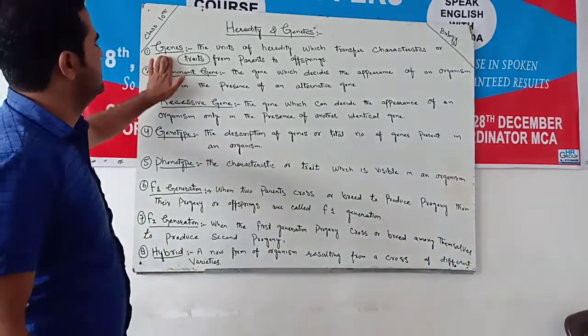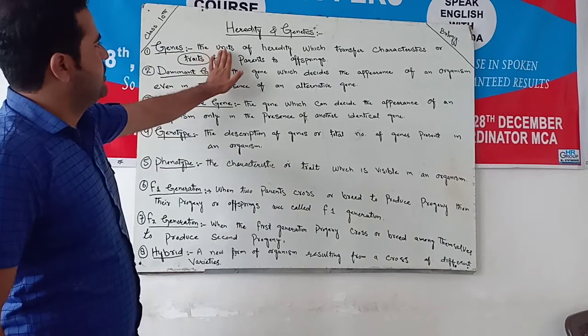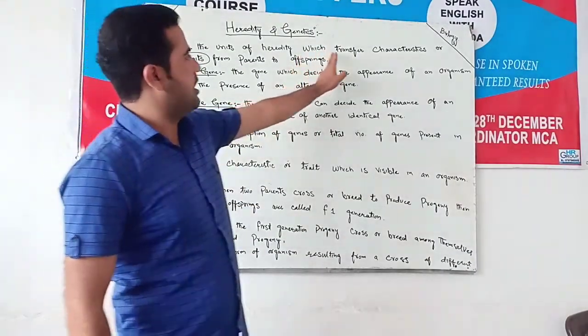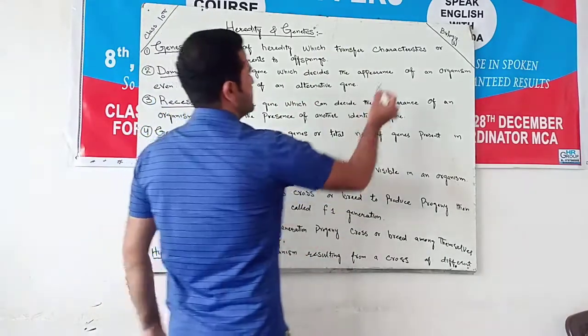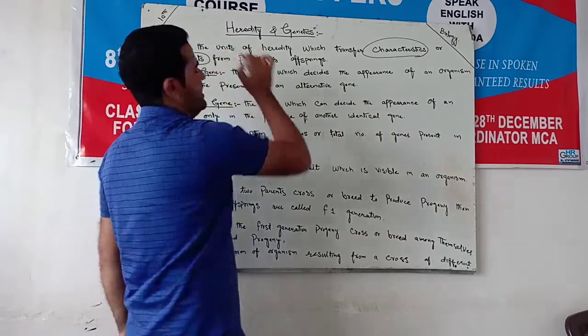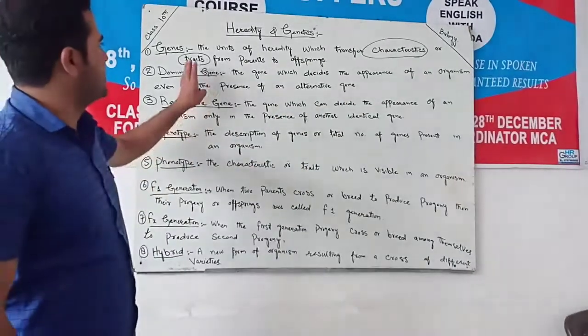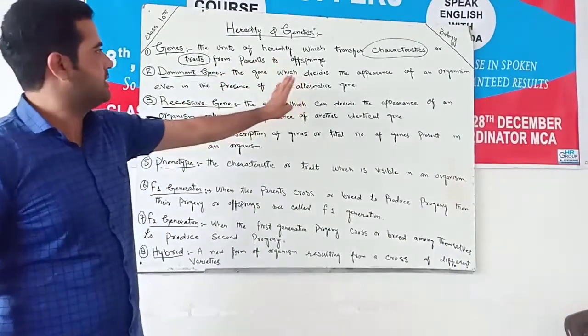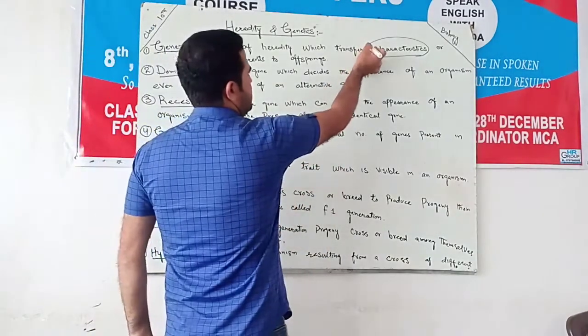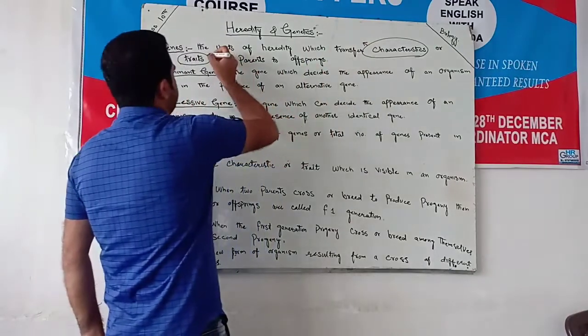So these genes are the units of heredity. These are the units of heredity which transfer characteristics or traits from parents to offspring. As you know, these characteristics are traits.